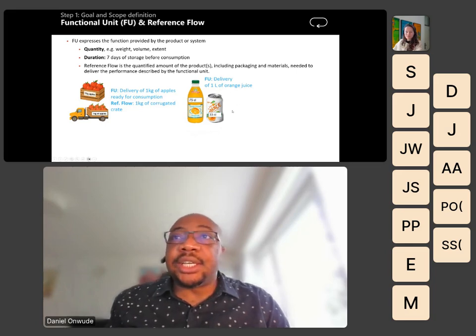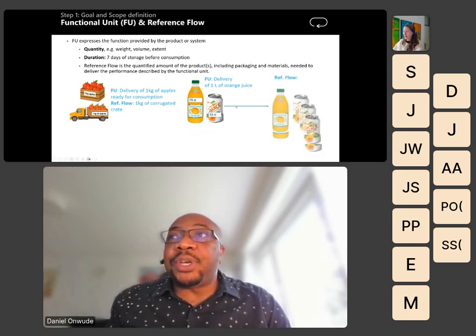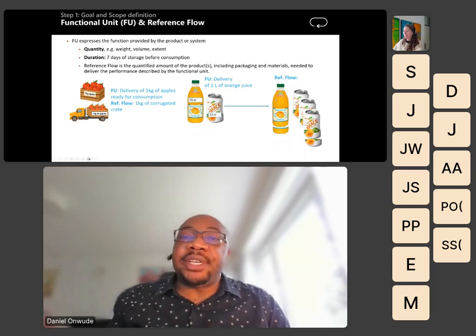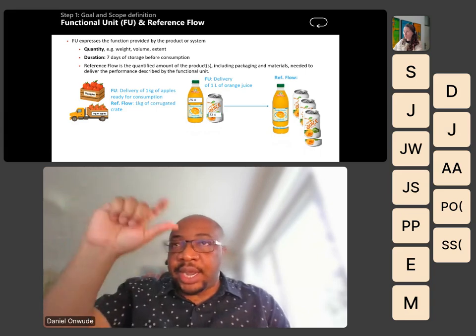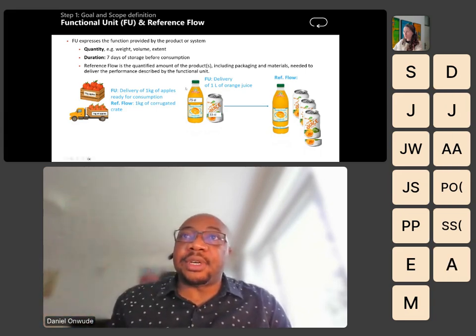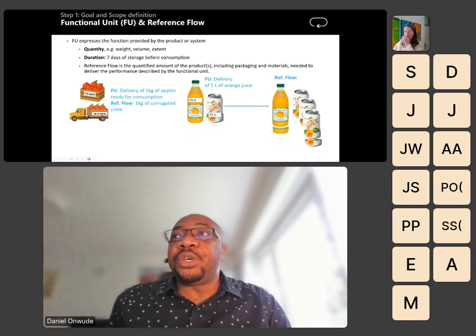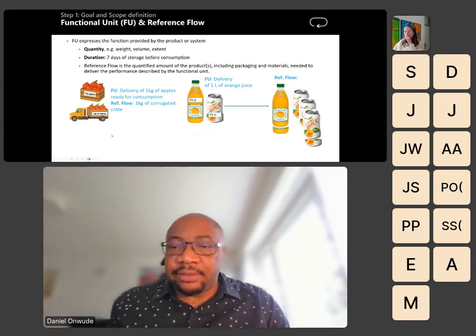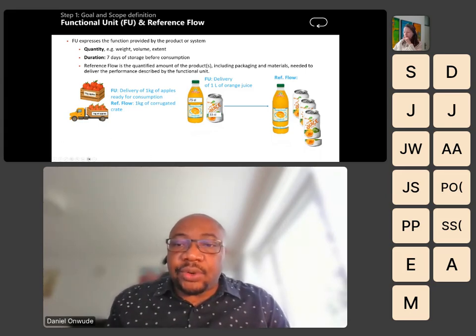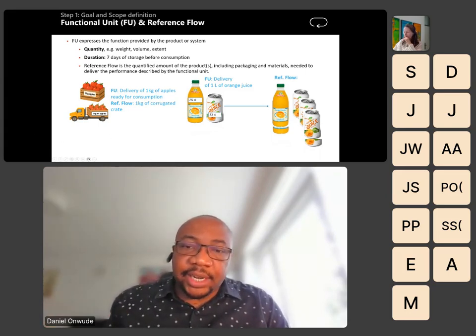Now in this case, your reference flow could be using, let's say, one and a half of this kind of bottle, or you could use several of the cans to make up the 1 liter, right? I don't know if this makes sense. Anyway, this is your reference flow, just to be very clear on that.